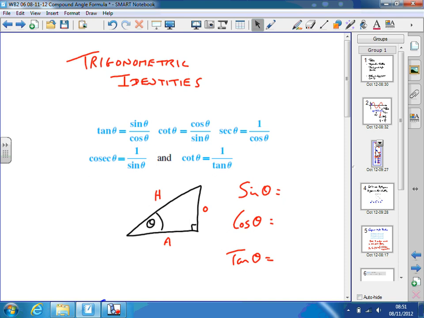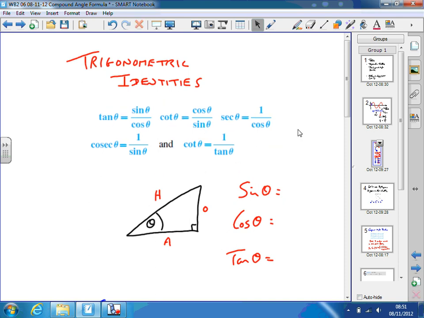And here are some trigonometric identities that you will come across, maybe. Tangent equals sine theta over cos theta. So the tangent of the angle equals the sine of the angle over the cosine of the angle. And in a minute we're going to try and show why that is. And we could also show that something called the cotangent, and I will be defining these things, equals the cosine over the sine. So I thought it would be a good idea to start off by just writing down what these are, so you've got them to refer to.